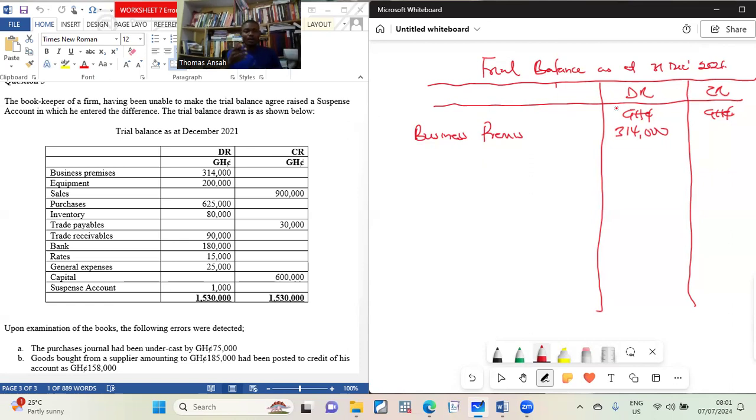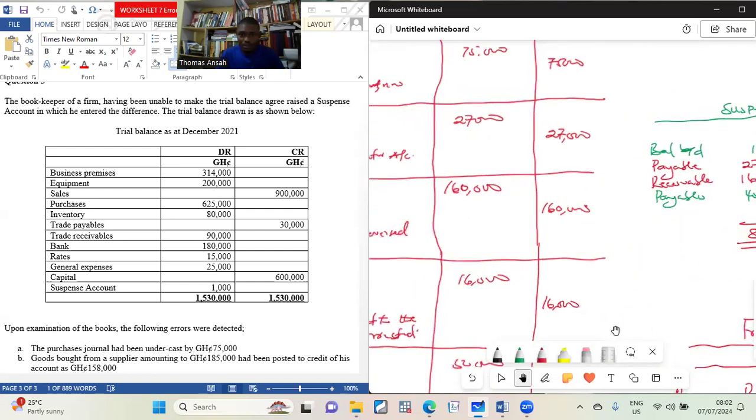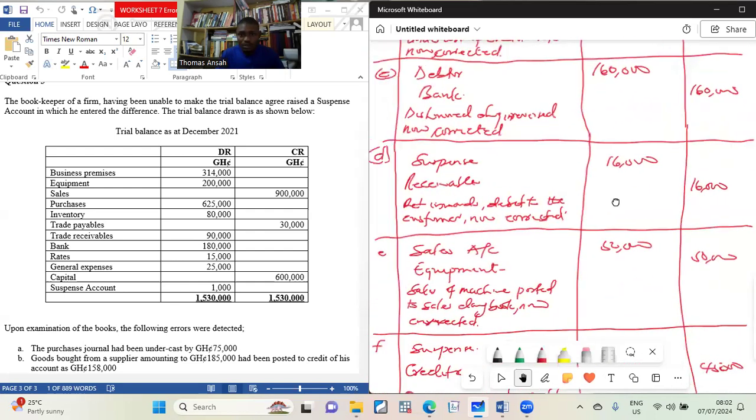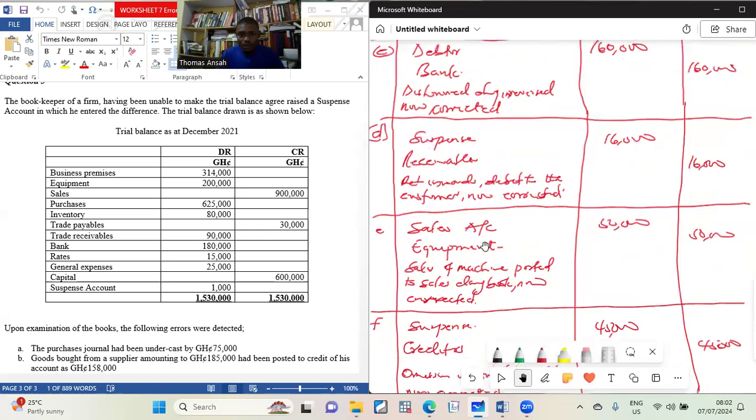But remember also that we saw that there was an equipment that was disposed, wasn't it? An old equipment that was disposed, right? So equipment disposal account must be created. So where was that? All right, this one.